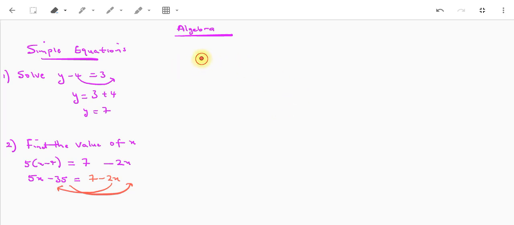So we have 5x equals, starting with minus 35 coming here first, 7 minus 2x plus 35. So this will leave 7 plus 35, then we'll bring 2x here. That will be 5x plus 2x. Now 7 plus 35 will give me 42.